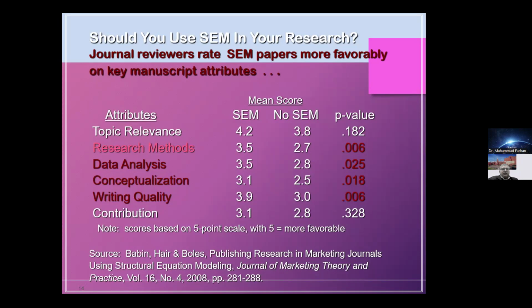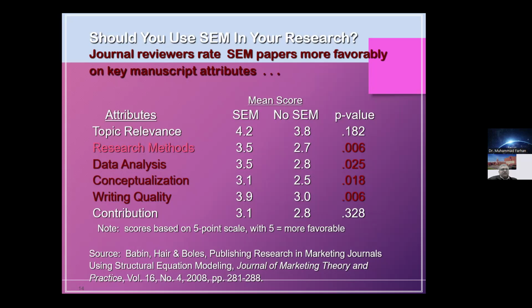If you compare, clearly you can see that the research that employed structural equation modeling got better results in terms of topic relevance, research methods, data analysis, concentration, and writing quality. The mean score is higher.